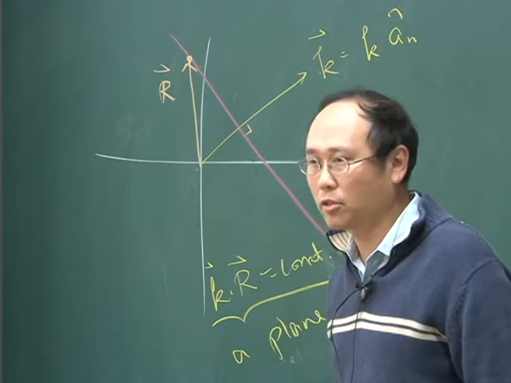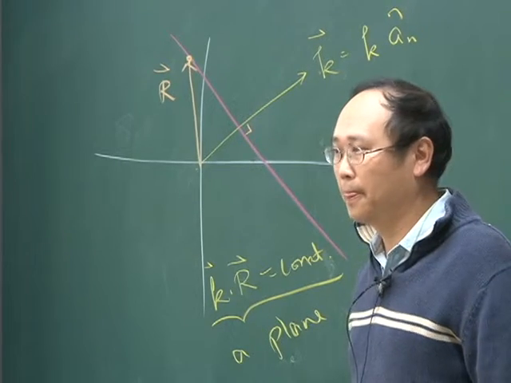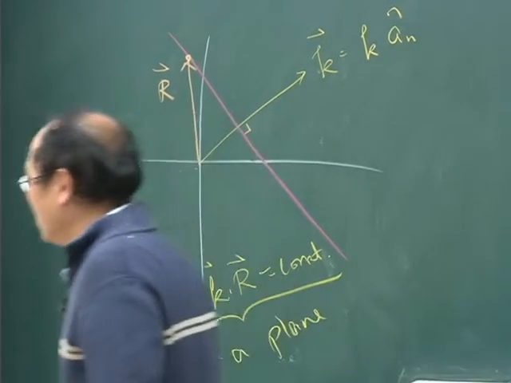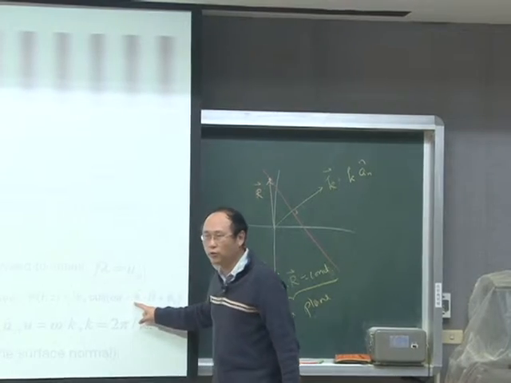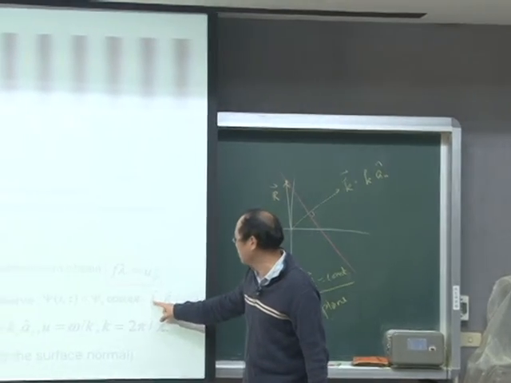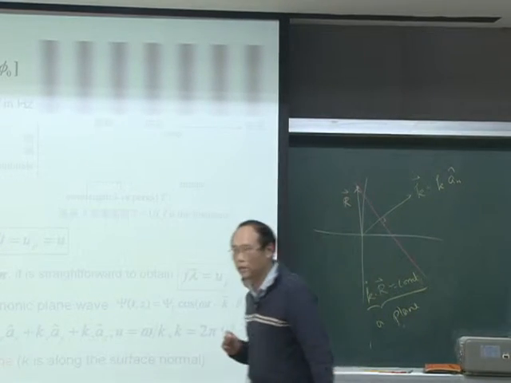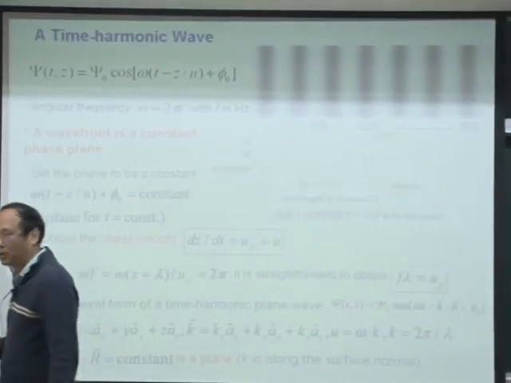This is the geometry you learned in high school, right? Did you learn it? So a more general form is that you replace this with k dot r. Okay, this is a general form for a plane wave.